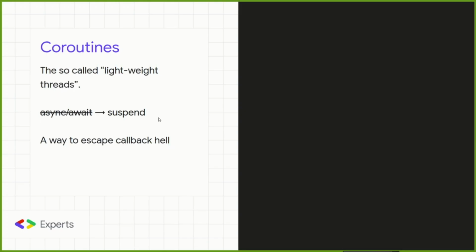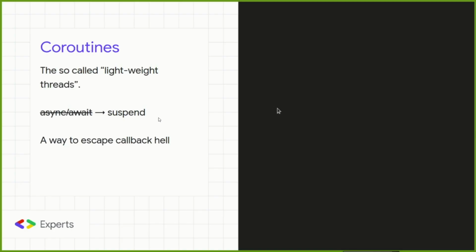As you may know, Android recently deprecated some of the APIs that they were using for background processing, such as async tasks and services. So coroutines are one of the ways that you can replace those.